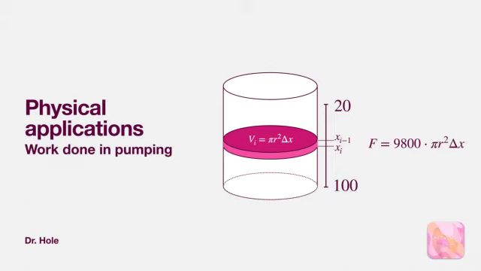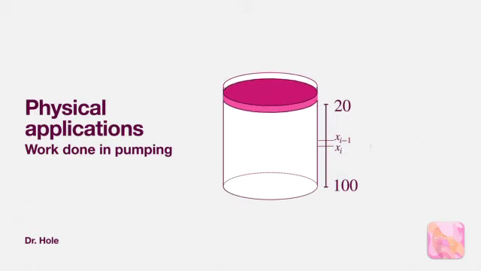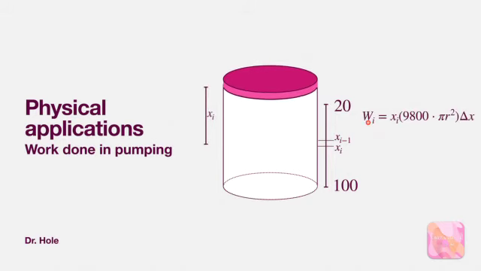And then this volume of water is not going to change as we pump it to the top. So if we take this force and we multiply by the distance that it must travel, then that is going to give us the work required to remove water at this depth. We pump it to the top, then the work required. How far do we have to pump it?